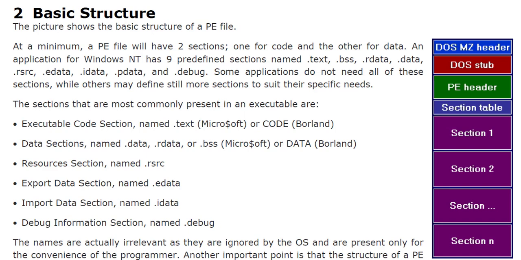We have the header comprising our first 64 bytes. Then that special member, the e_lfanew, can enable us to jump over the DOS stub to reach the PE header. And then eventually we can descend down into the data directory, which we don't see depicted here, and we can access various different elements that we'll see in future slides.